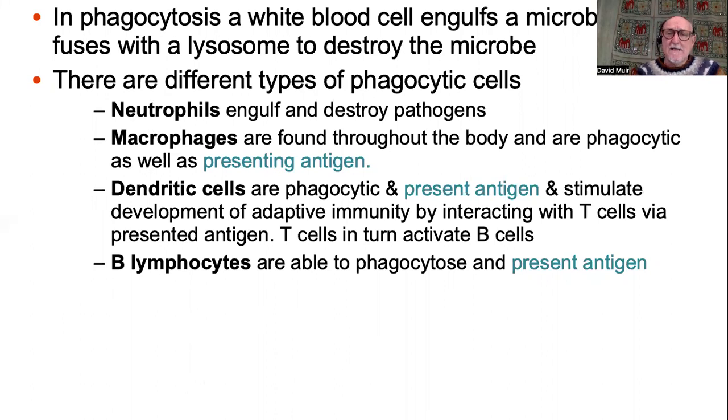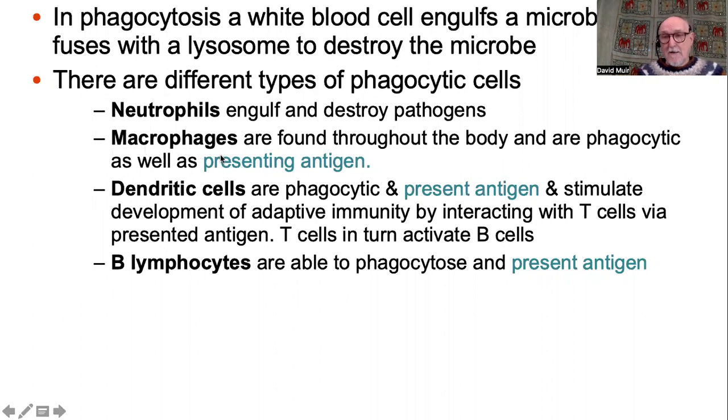These are small cells, incredibly active, very numerous, and they will migrate to areas where they are needed. They will circulate in the blood system, but they can actually leave the blood system and enter the tissues to go where they are needed. They are short-lived, and we'll see their fate in a second.